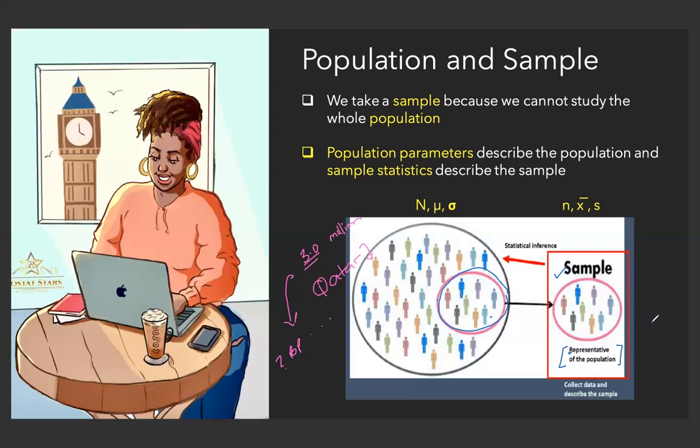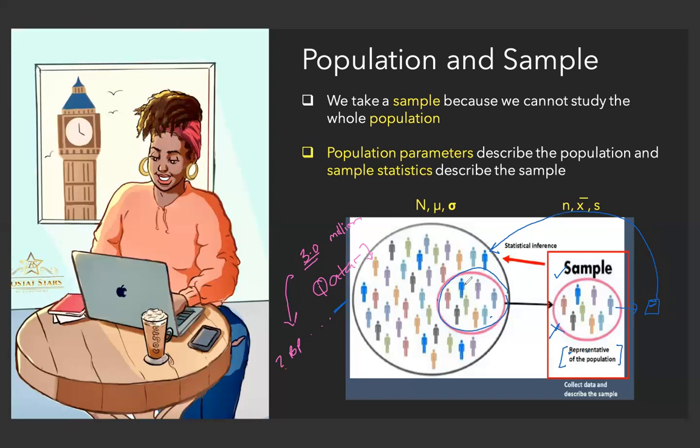So whatever result we get from the study we do on the sample, we actually need to generalize it back to the population because our main research question was for the population. Okay, so in order for us to be able to do this generalization, this sample needs to be representative. If this sample is not representative, then we cannot generalize.